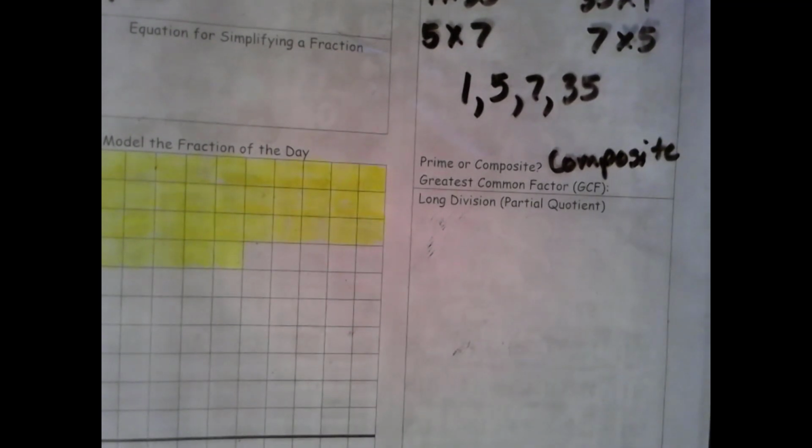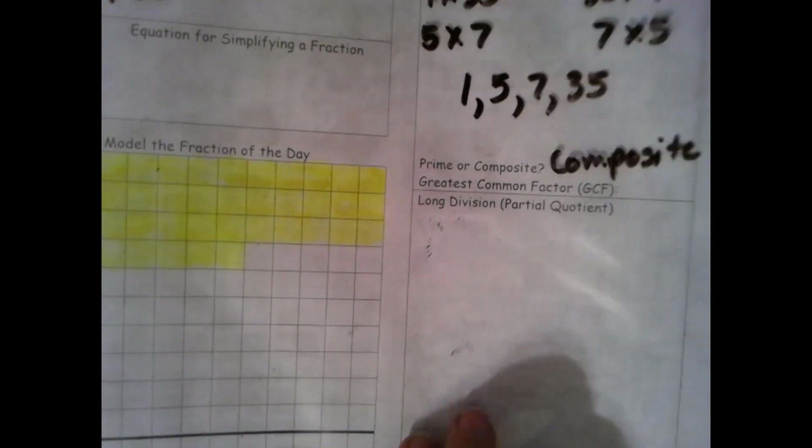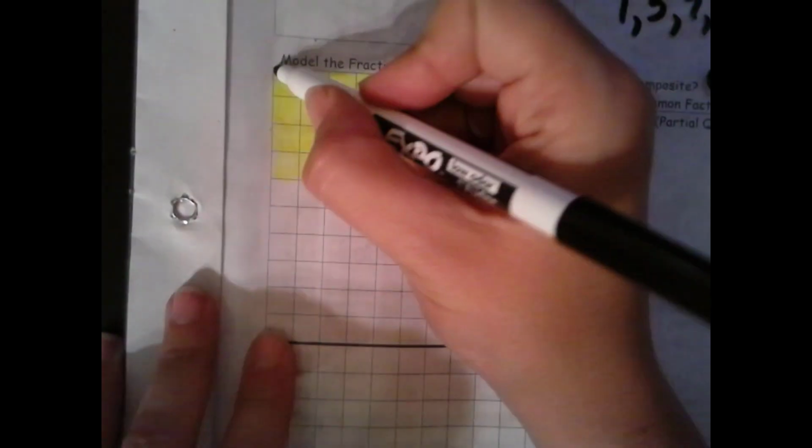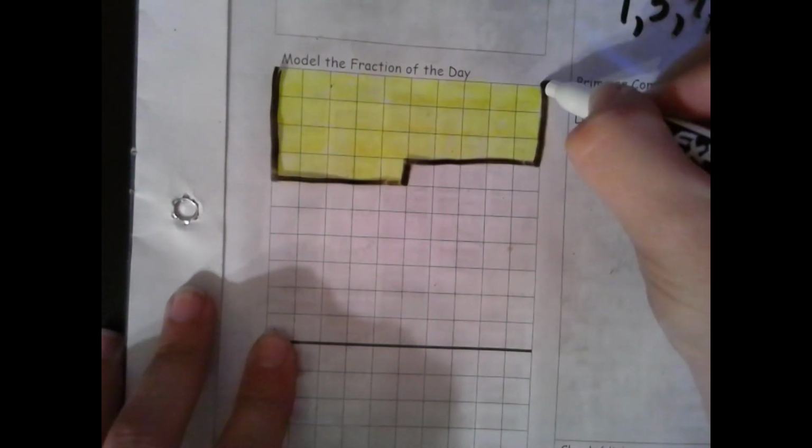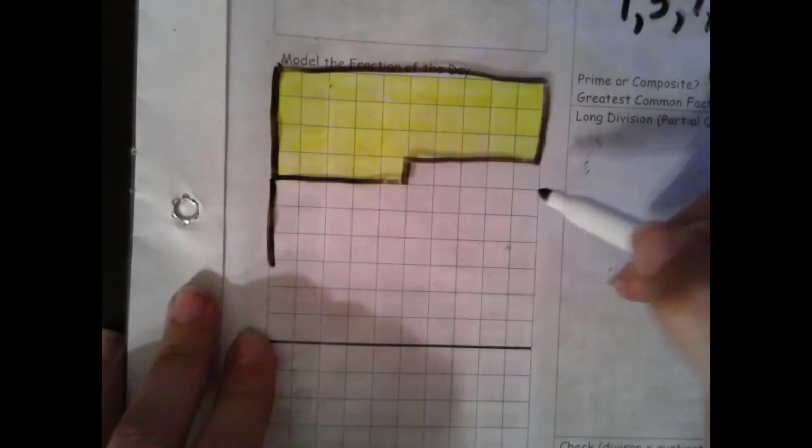And now we want to find our greatest common factor. So let's start with our greatest factor here, see if it's common. So we have 35. Your groups do not have to look like mine, but you do need to have 35 in each group, and you need to keep your shaded separated from your unshaded.